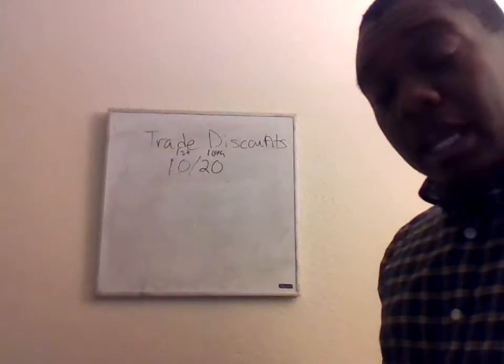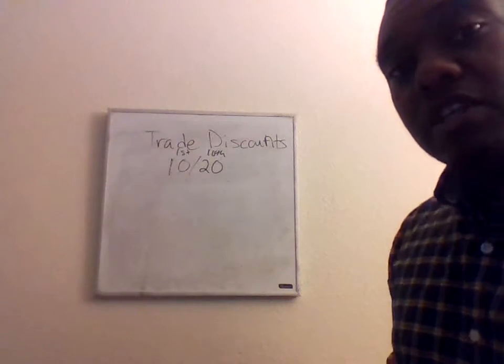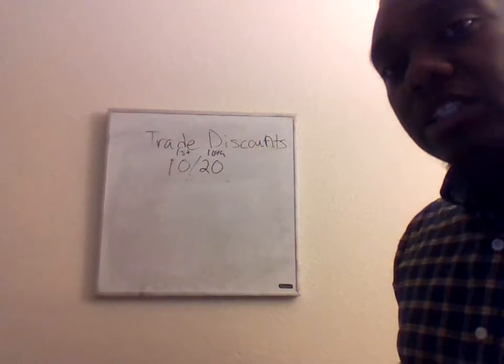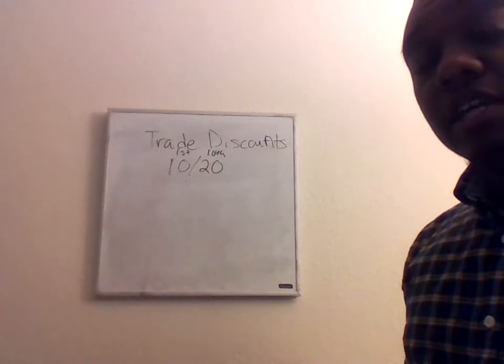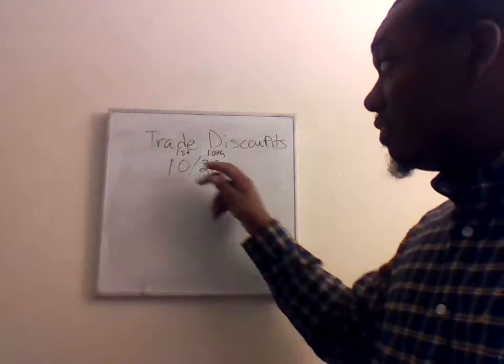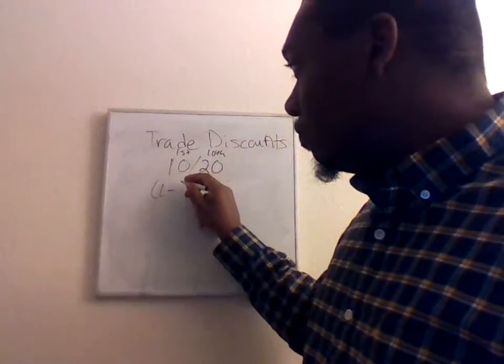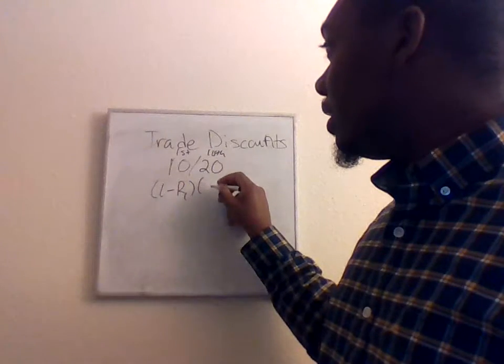Okay. And this is found by finding the decimal equivalent. So the decimal equivalent is the actual percentage of the total amount that you will have to pay. That is found by doing 1 minus each rate and multiplying them.